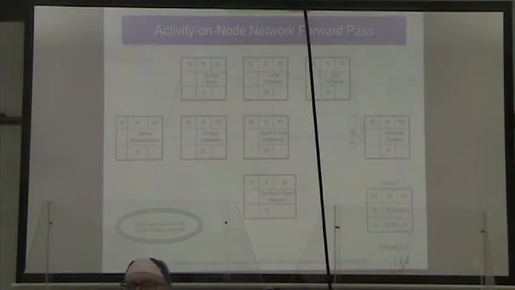You add 35, you get 70. For E, it starts with 35, you add 50 for 85. For F, you start with 35 as the early start time, you add 15 for 50.